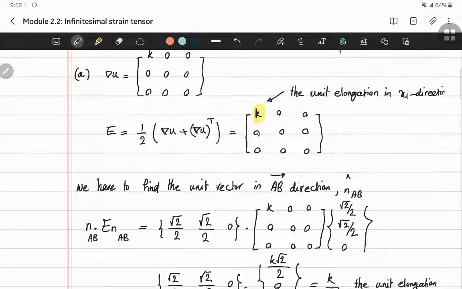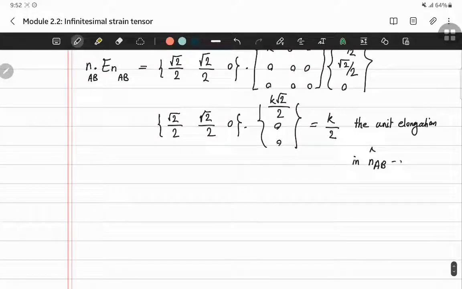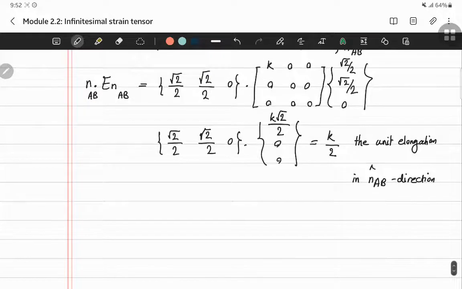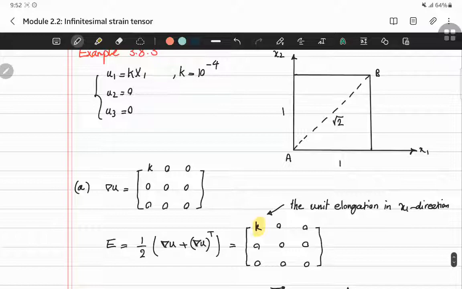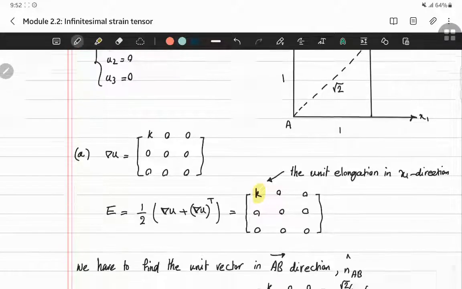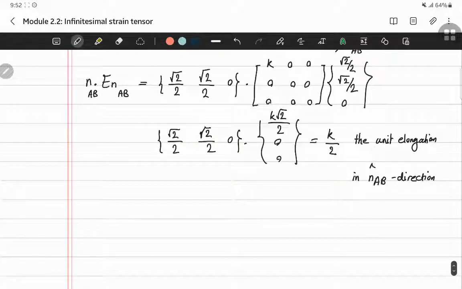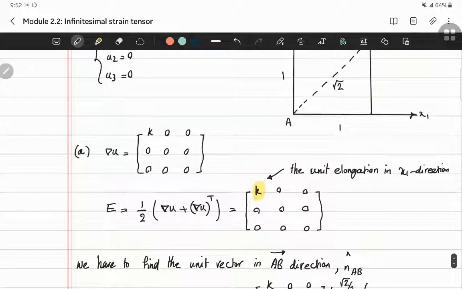This is very, very important to distinguish between these two. So this is how your member AB elongates in the N_AB direction, the normal direction of AB. But in the x1 direction, it will elongate as k.